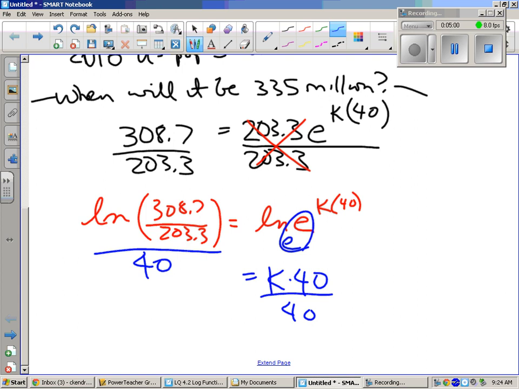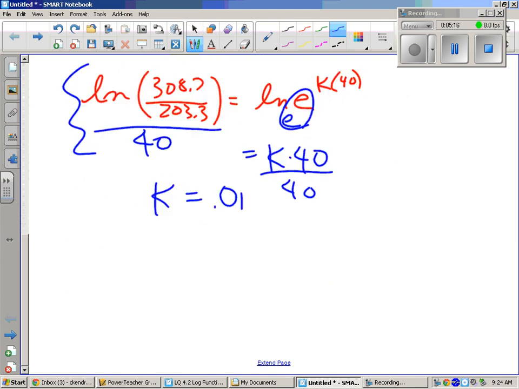Okay, so then I just do all this on my calculator, and I have it worked out to k is approximately 0.01. Now, what we do with that is we put it back in the equation and put in everything but what we're missing.